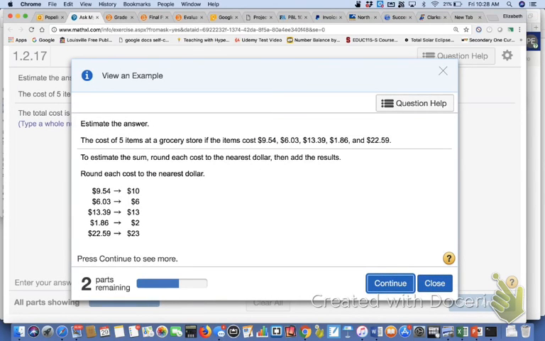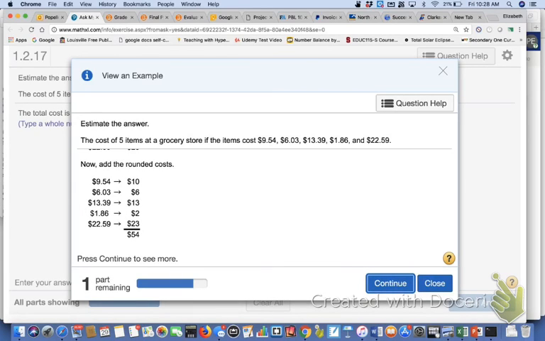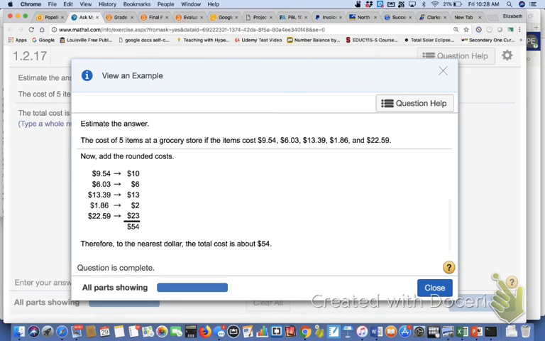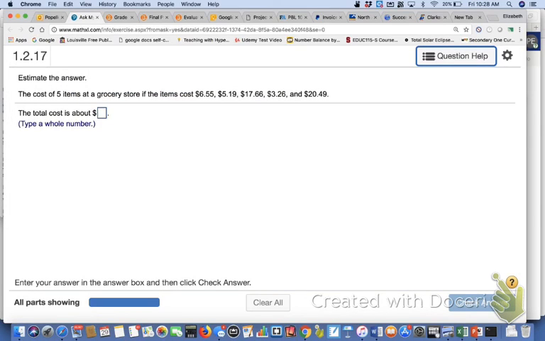Notice they've rounded and got all the same numbers that we did. Continue, add it together, got $54. So I know that I did it correctly. So rounded to the nearest dollar, the total cost is about, remember we're estimating, so it's not 54, but about $54. I hope that helps you figure out what you need to do to solve this one.